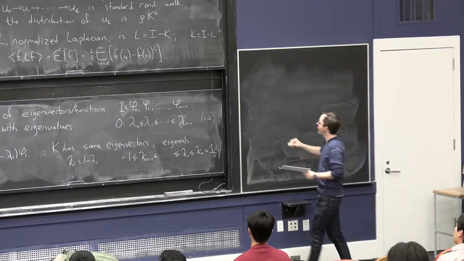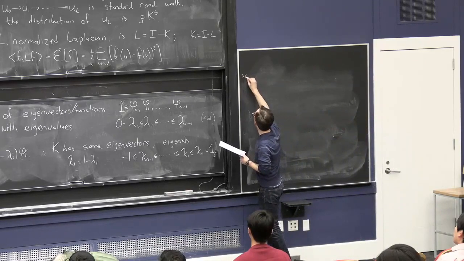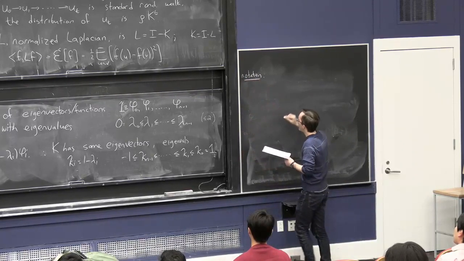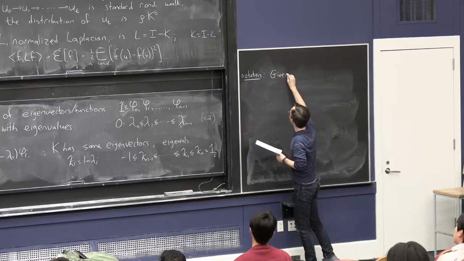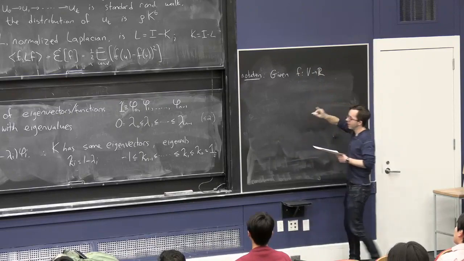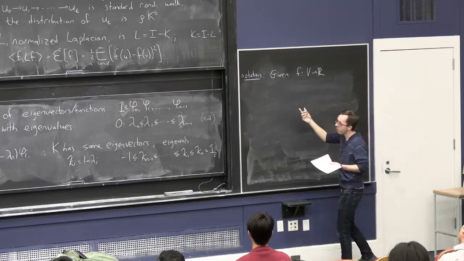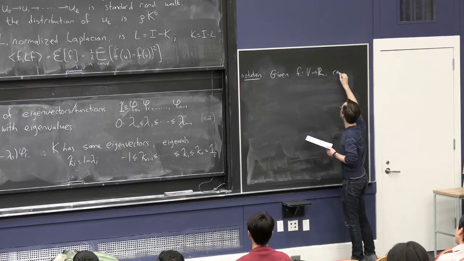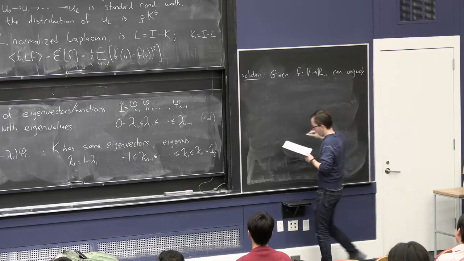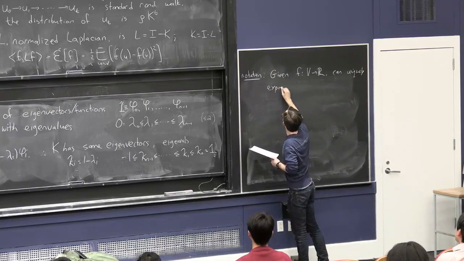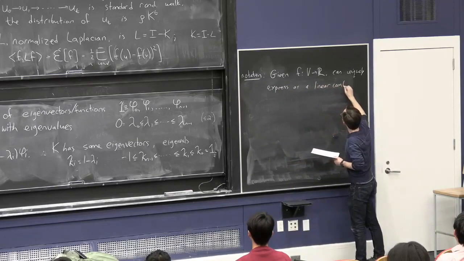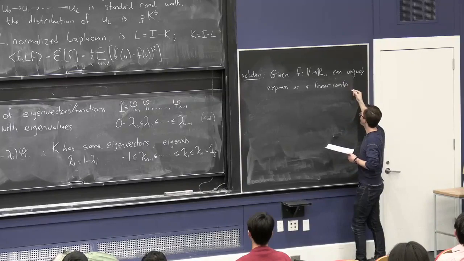So in fact, let's introduce some notation for this. This is not standard notation, but I like it. Given any vector or function, living in this n-dimensional vector space, and we have an orthonormal basis, we can uniquely express it as a linear combination of the phis. So the notation we need is just notation for the coefficients.